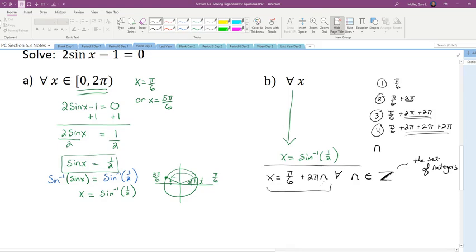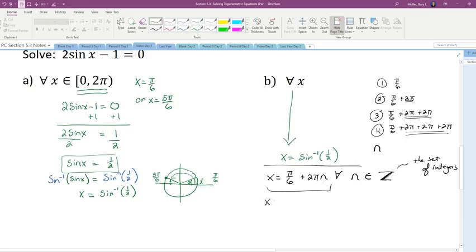But don't forget, we can also go in the negative direction. So instead of writing plus or minus, we don't need to do that because n could be a negative number. And so that would make it negative 2 pi. Okay, so we can wrap around the circle in either direction and end up in the same spot. All of this is half the answer because we had another answer.